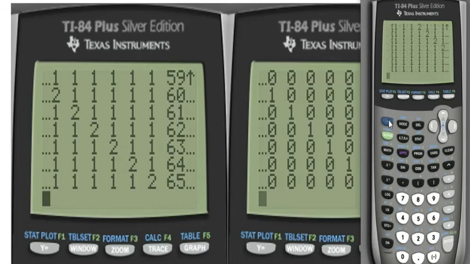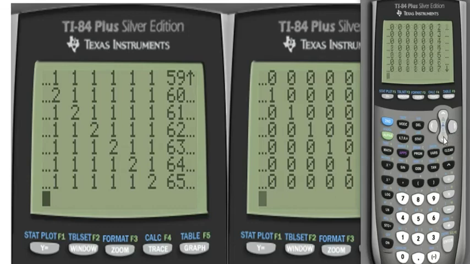Then do second matrix, math, go all the way down to RREF, second matrix, go all the way to J, close it, hit enter, and here is the solution. 1's in the diagonal, zeros below the diagonal and 0's above the diagonal.